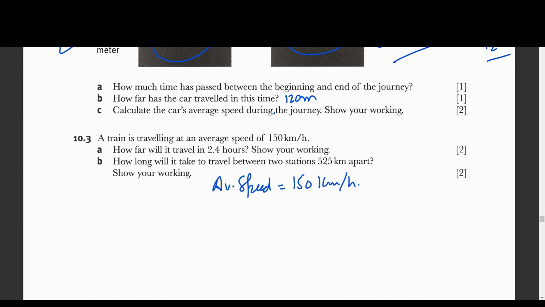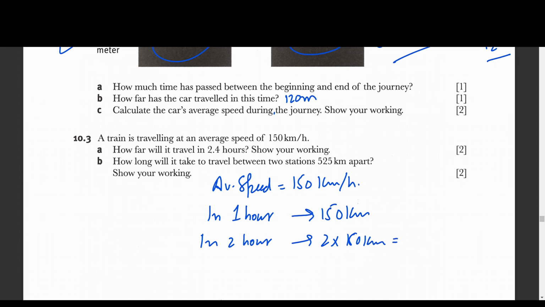It simply means that in 1 hour it travels a distance of 150 kilometers. In 2 hours it will travel a distance of 2 into 150 kilometers. That's 300 kilometers.